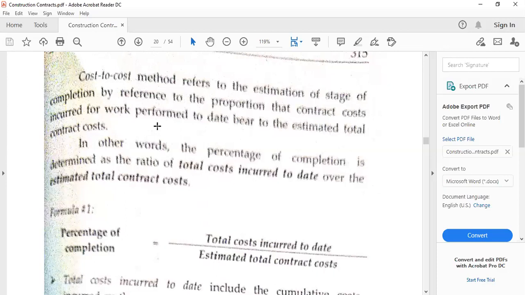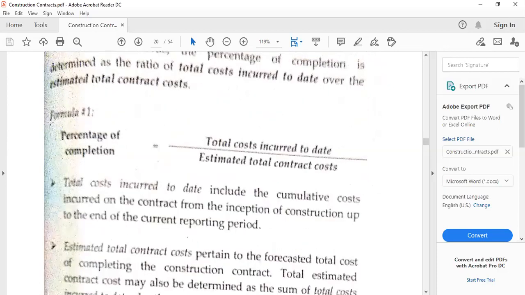But the question would be, what would be on the numerator? The numerator would be total costs incurred to date. Or we would be saying that these are the actual costs incurred to date.